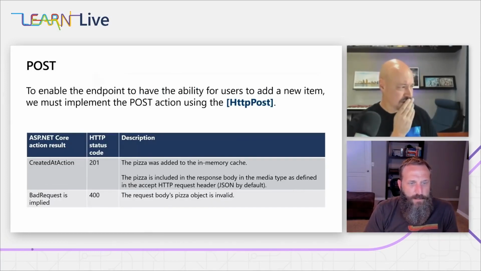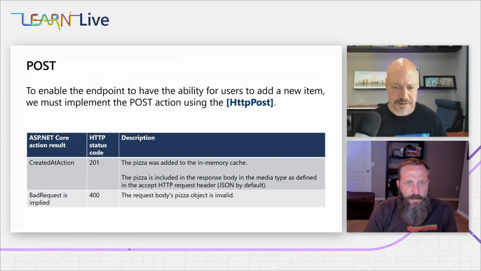So with post, this is where we want to create the actual pizza. When we send data to our API to have something created, there are various status codes that can be returned as part of that, and that's what's built into the API controller attribute on our class. So you get a 201.